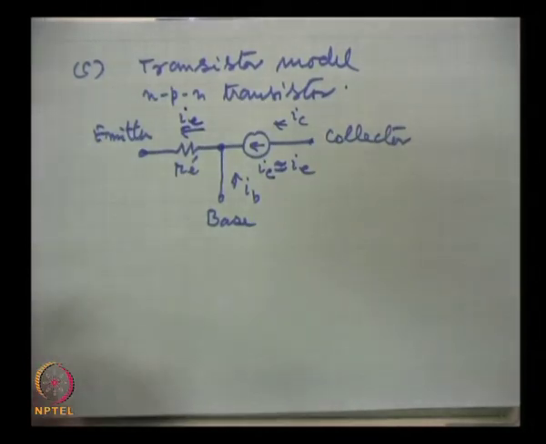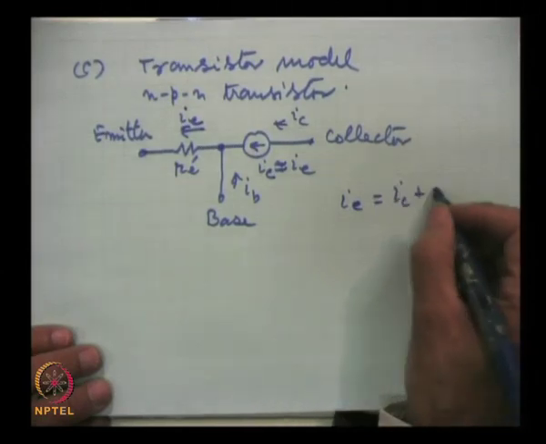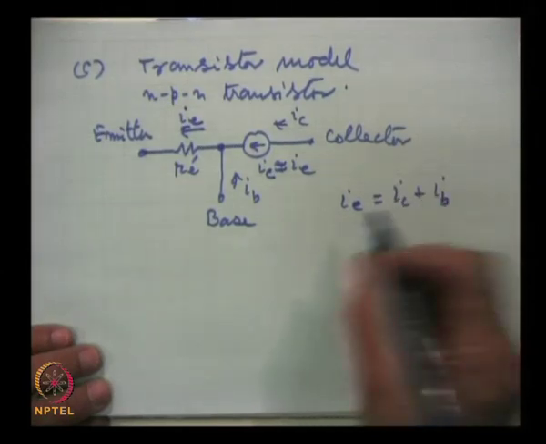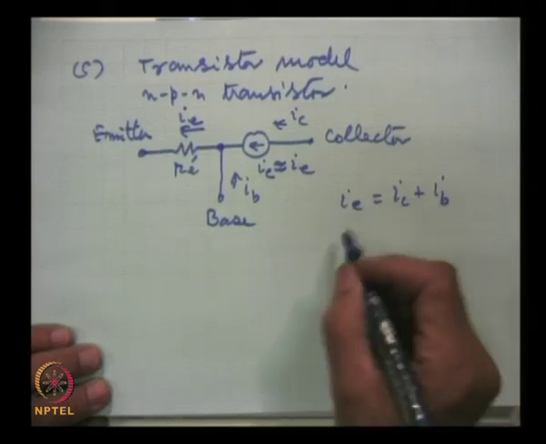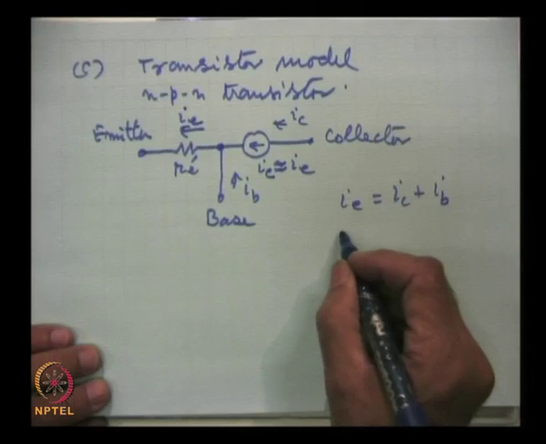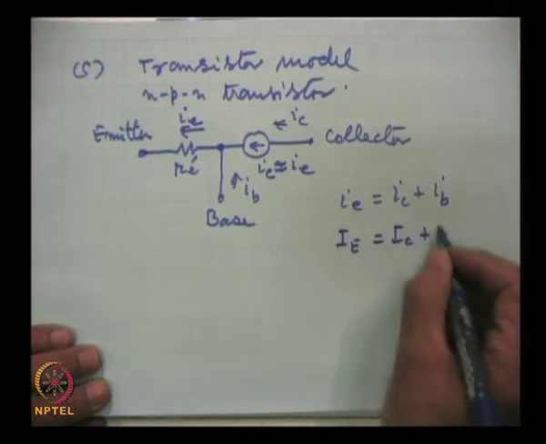Few things are very fundamental for the analysis of transistor. One thing is that I e is equal to I c plus I b. This is for AC currents, and similarly for DC currents, I e is equal to I c plus I b.